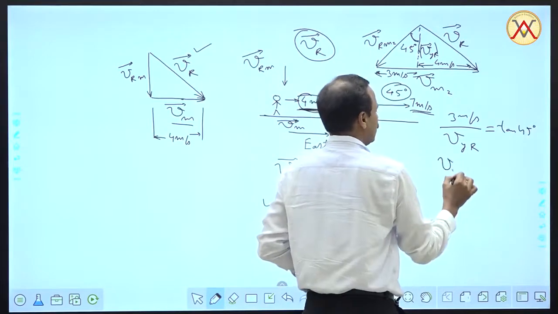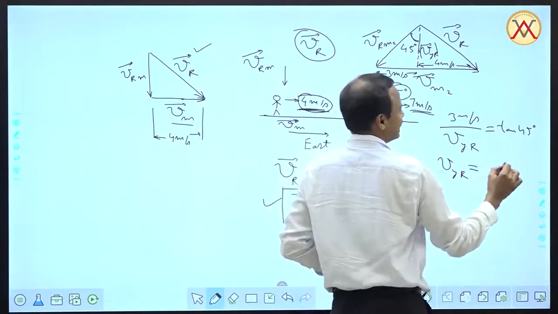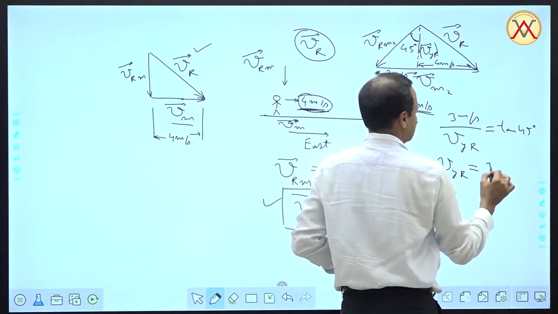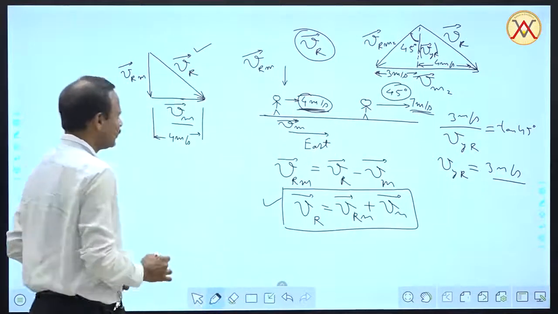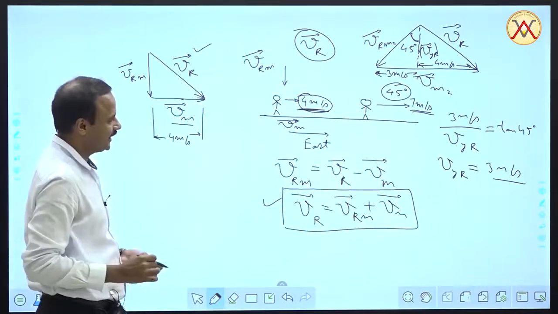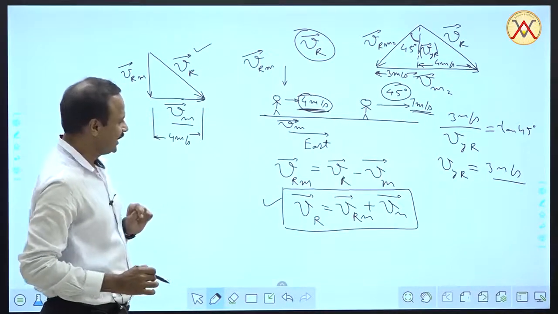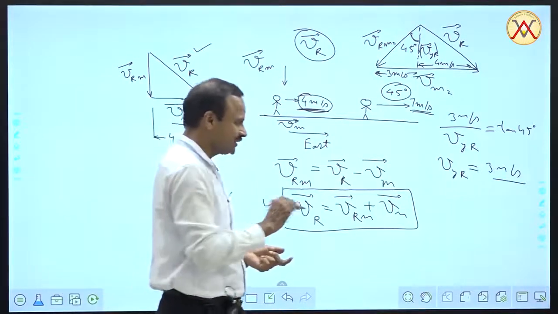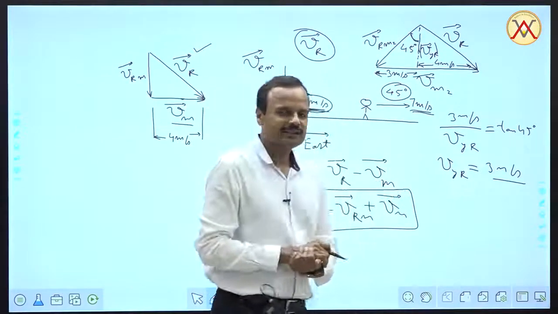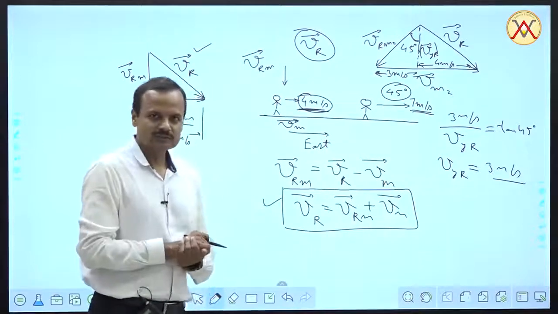This gives me the y component of rain as 3 meters per second. So now I know both components. The horizontal component of VR is 4 meters per second towards east and the vertical is 3 meters per second downwards.